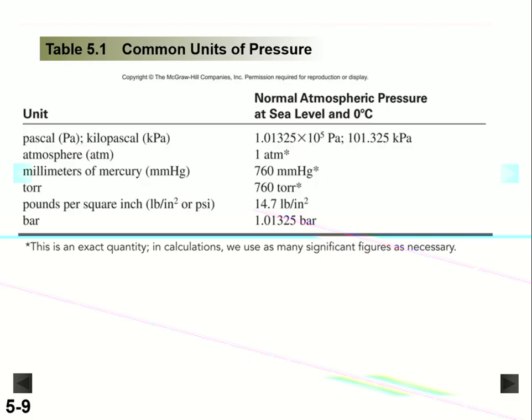We'll use all of these units, particularly the first four, and sometimes we will use bar, but you'll be given appropriate constants to do these conversions. This table is worthwhile to print out and have available when you're doing your practice problems, and then you can get comfortable with these units.